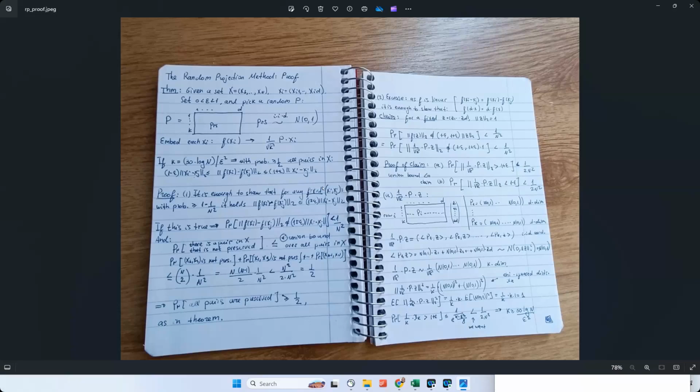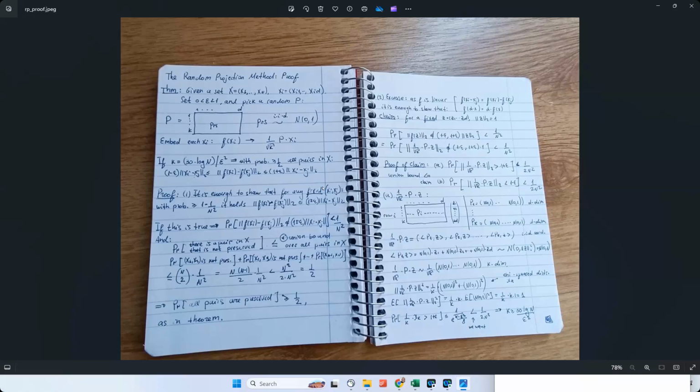Okay. And one of the methods that has optimal dimensionality reduction error rate is the random projection method.